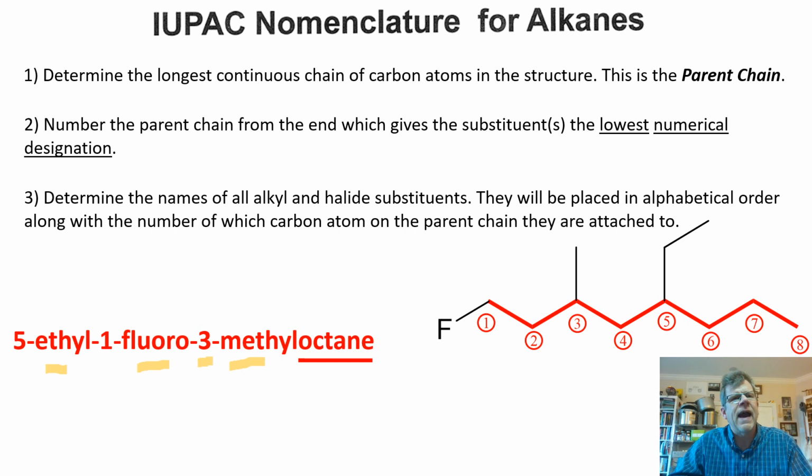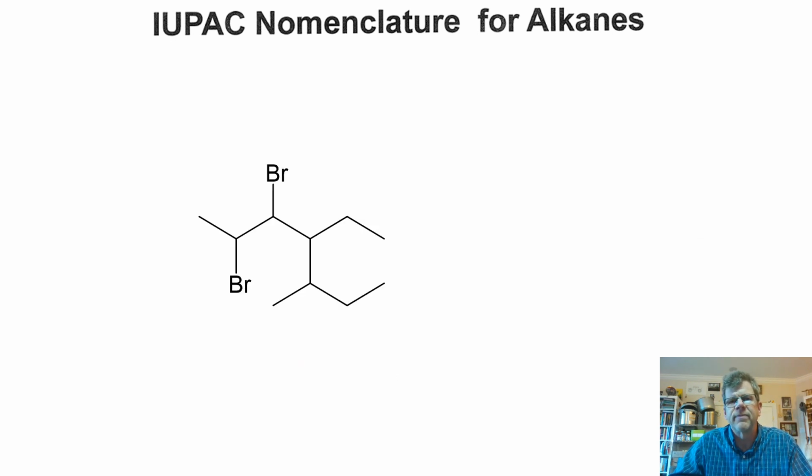So let's look at another example. Now, some of these can get pretty hairy as they start to become more and more complex. So here we have a system where we have a structure and we're being asked to give its name.